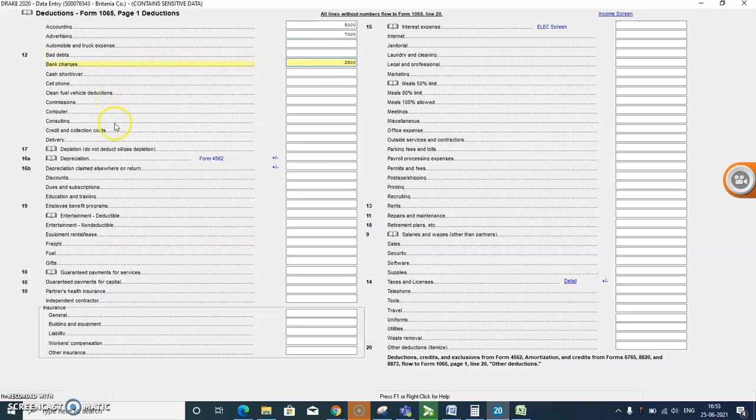Dues and subscription $4,500. Training. Fuel $6,000. Feed $700.